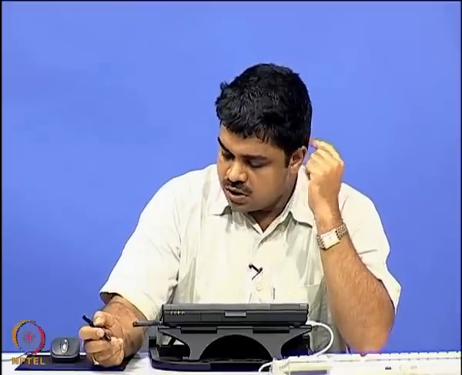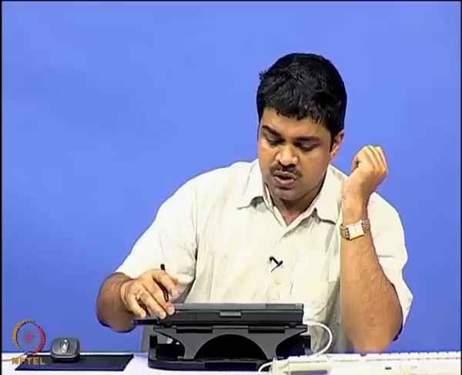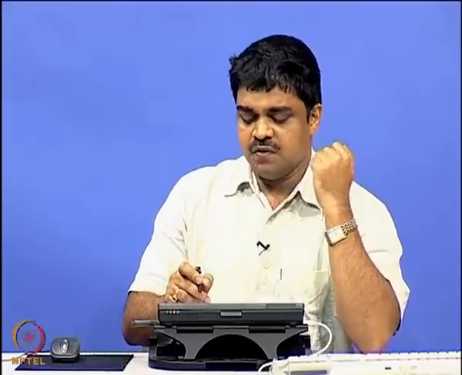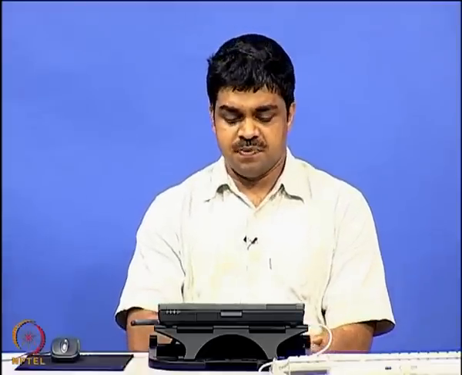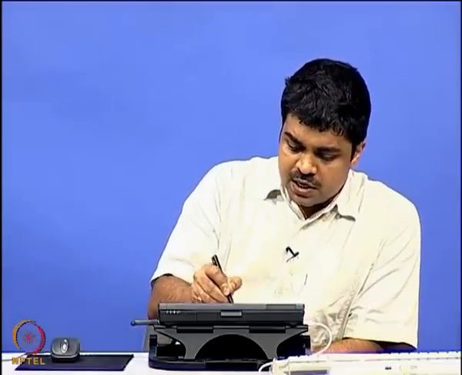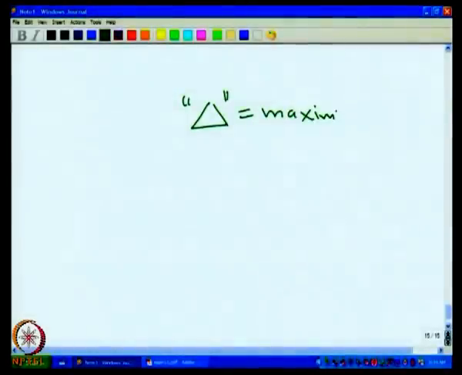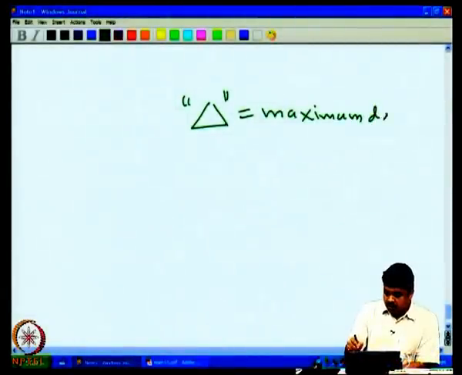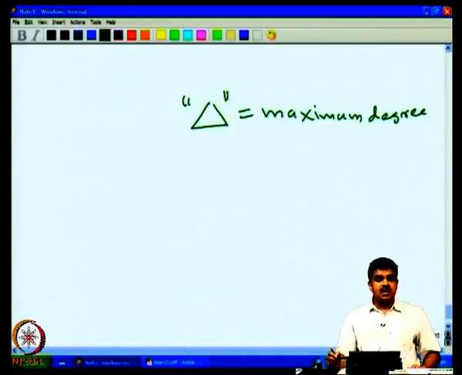The easiest way to get an upper bound is to note that whenever I consider one new vertex for coloring, it looks at its neighbors which are already colored, but how many neighbors can it have maximum? It can have only a maximum of delta neighbors, delta being the maximum degree, right. So in whatever way, we can see only at most delta colors on its neighbors.